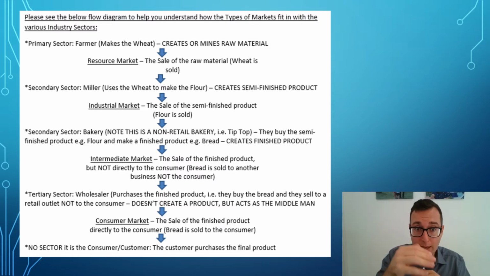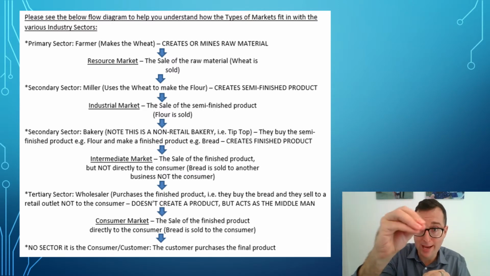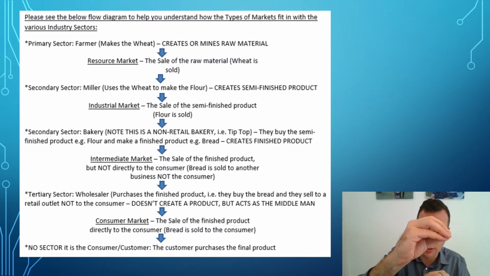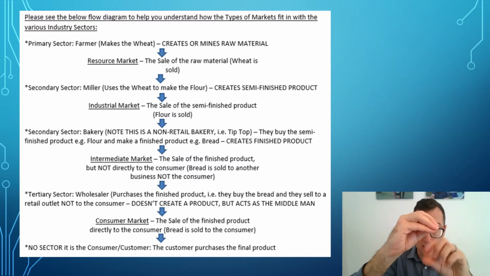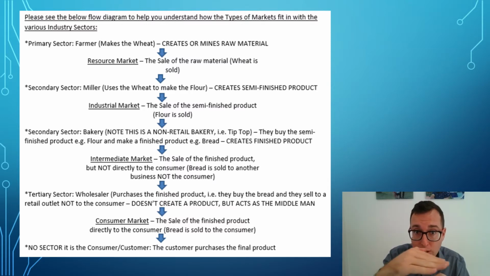Where is this market? Well, you have the tertiary sector and the secondary sector. Tip Top made the bread. When they, as a secondary industry, sell the finished bread to the tertiary sector, like Woolworths, that marketplace where it's sold in between the two is called the intermediate market.